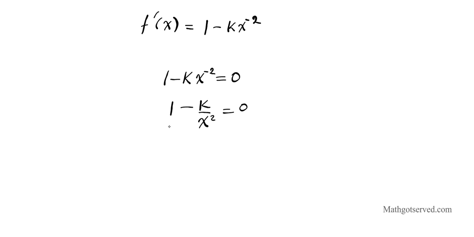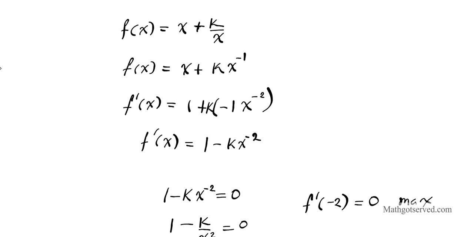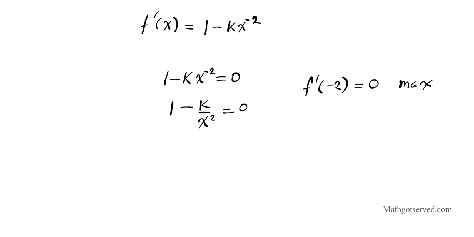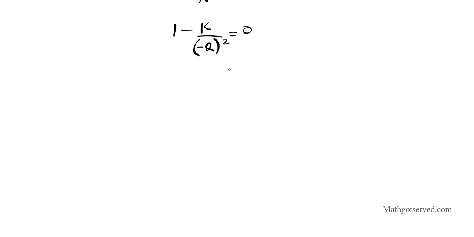So we know that f prime of -2 equals 0 will give us the maximum. So what k value will guarantee that this happens? Let me verify it's -2. Yeah, good. All right, so let's plug it in. We're going to have 1 minus k over, the value that gives us a maximum is -2, -2 squared equals 0. So let's solve this for k and see what k value it is.